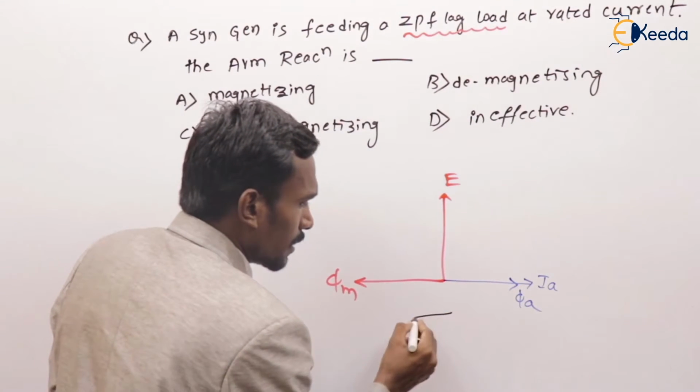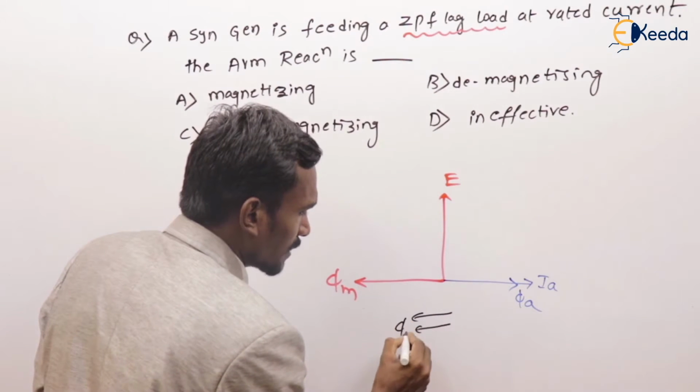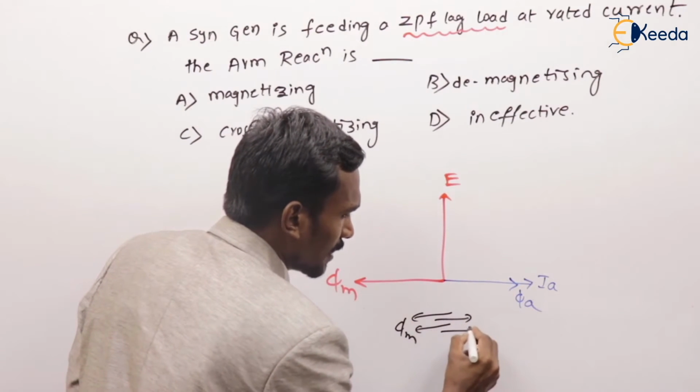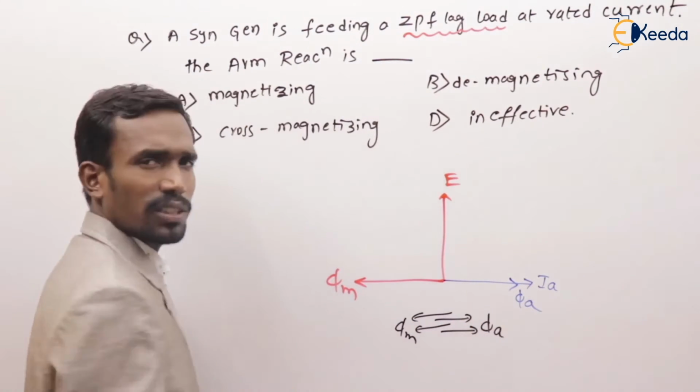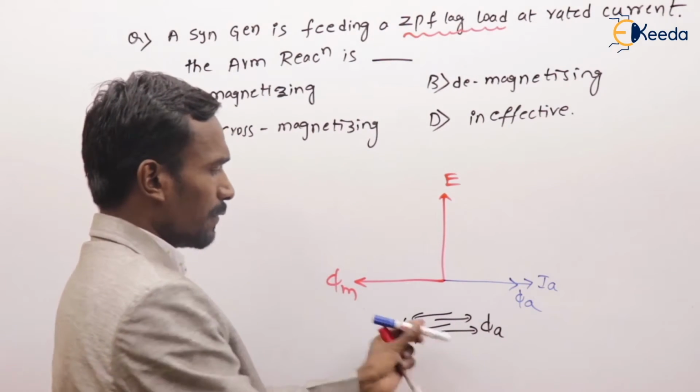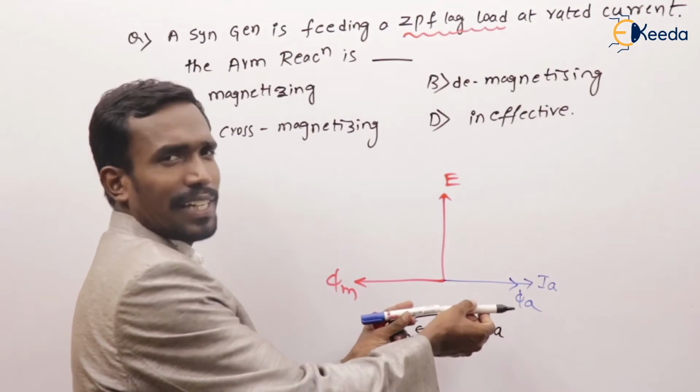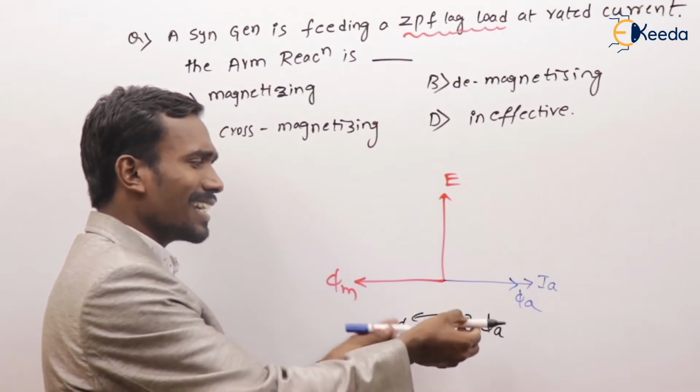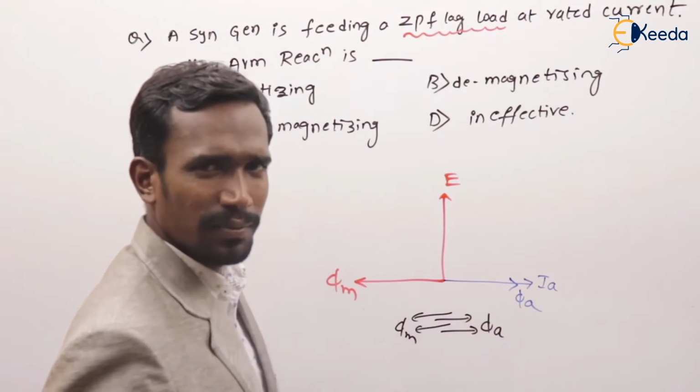Now tell me, this is the main field flux direction and this is the armature flux direction. Both are exactly opposite to each other.